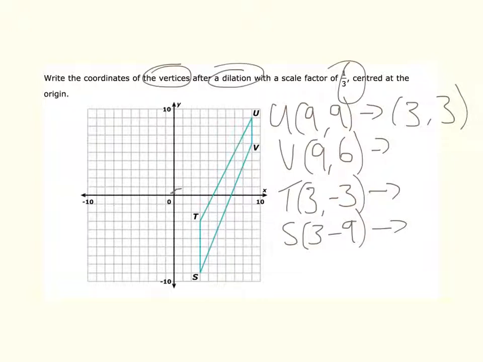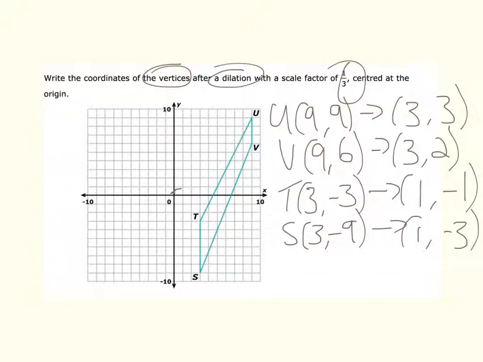V would move to 3, 2. T would move to 1, negative 1. And 3 and negative 9, S here would move to 1, negative 3. So it would be a much smaller shape than it currently is, it would be reduced.